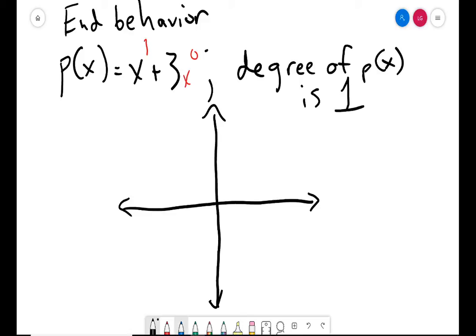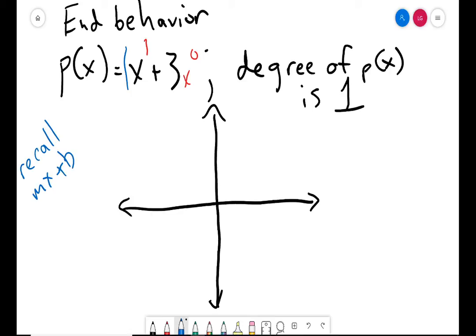Off to the side here, let's recall lines take the form mx plus b. That's slope-intercept form. You can manipulate lines that aren't already in that form to look that way. In mx plus b, the slope m here is 1. That 1 is another implied 1: 1 times x to the first. Neither of those 1s are written because they're not influential. 1 times x is always x.